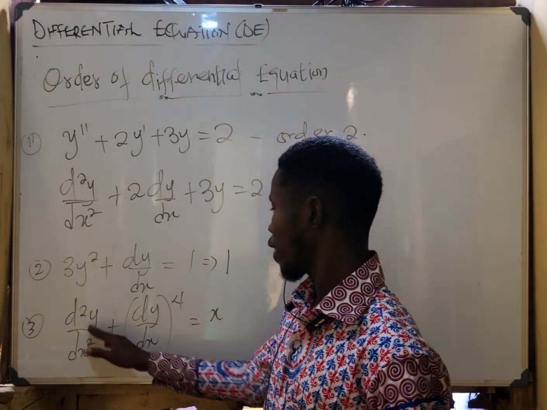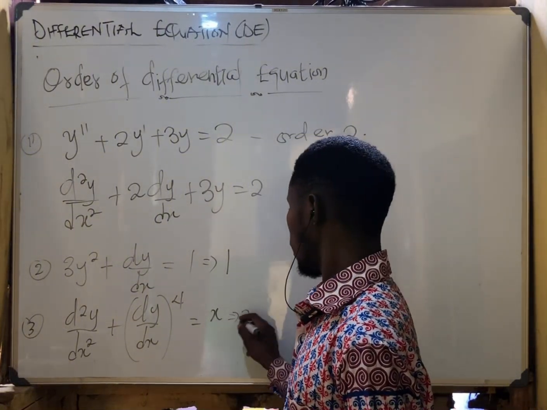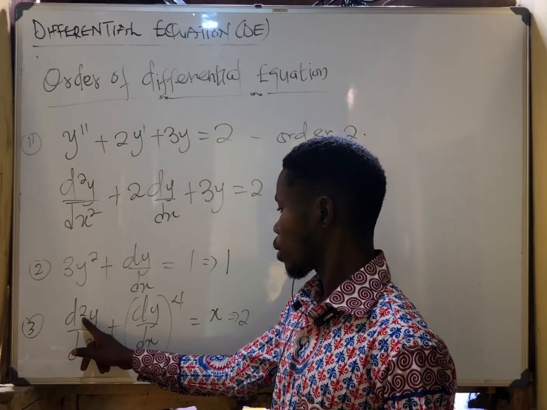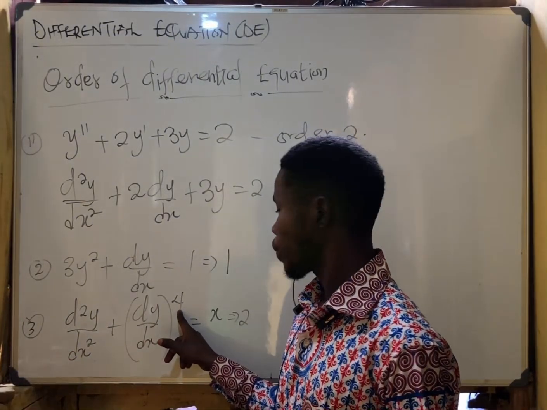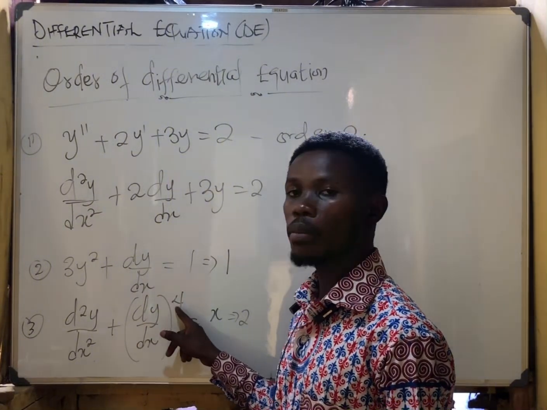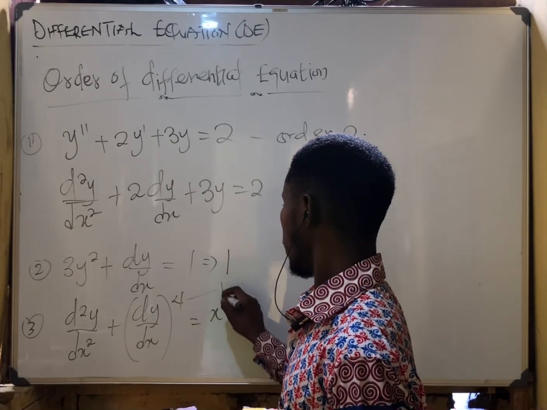The order here is 2. Please, the order is 2. Do not take the 4 here as the order. You see that we have put this one in the bracket. The 4 here becomes the degree. Is that okay?